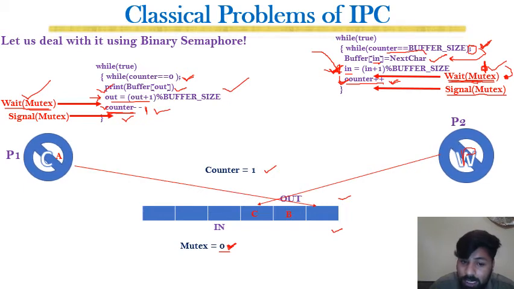Upon proceeding it decrements the mutex, because it was a wait call, and enters the critical section. Counter is incremented and becomes 2, and finally it leaves the critical section and calls signal on mutex, and mutex will be equal to 1, and now it is free. If any other process wants to enter the critical section, then it can, right?